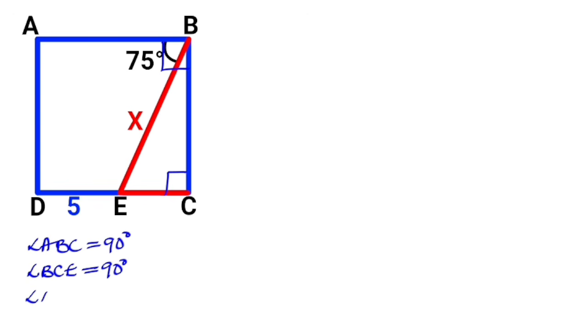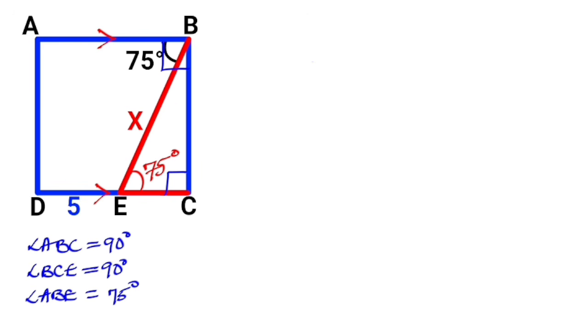Given that angle ABE is equal to 75 degrees, since AB is parallel to CD, the alternate interior angle BEC is equal to angle ABE, which is equal to 75 degrees.